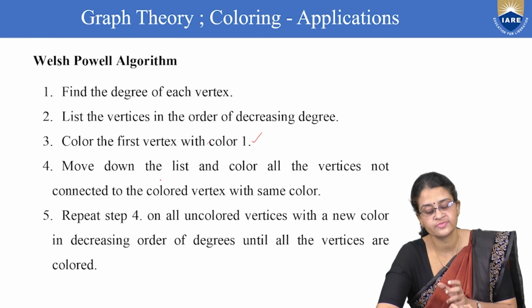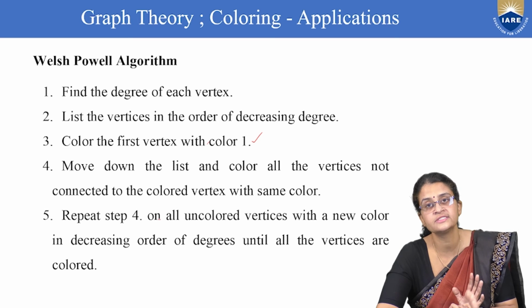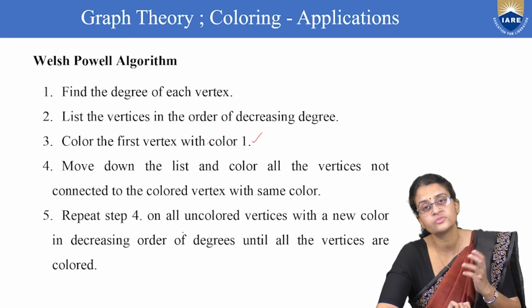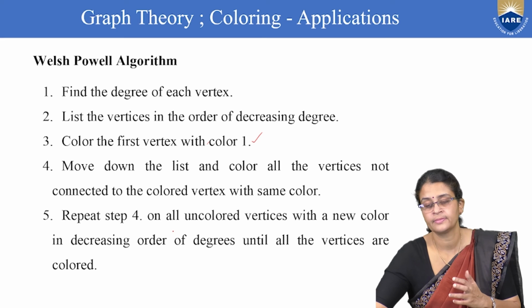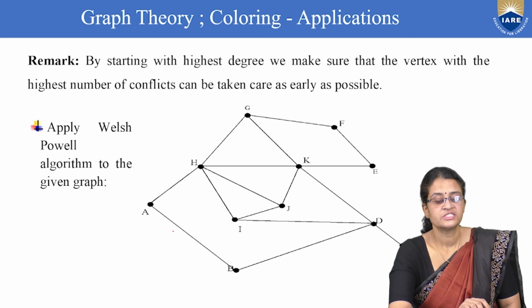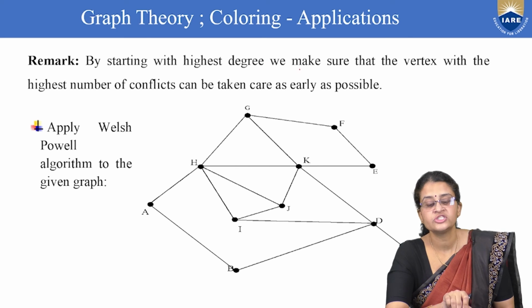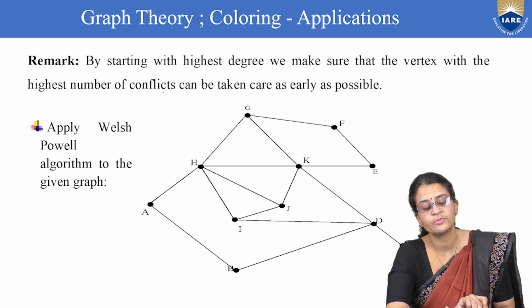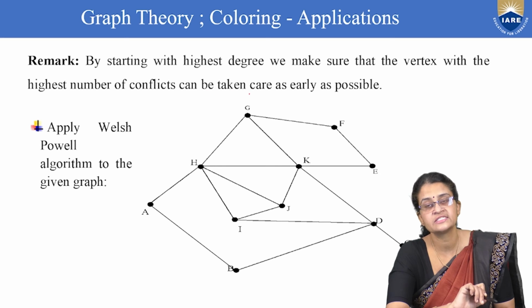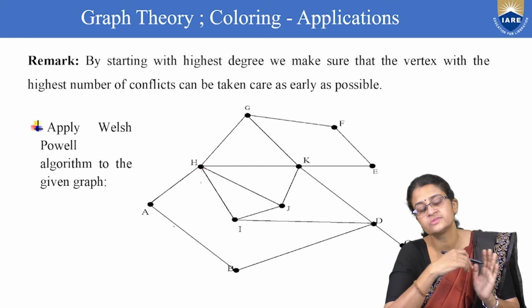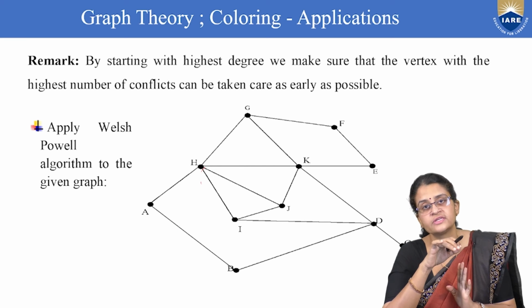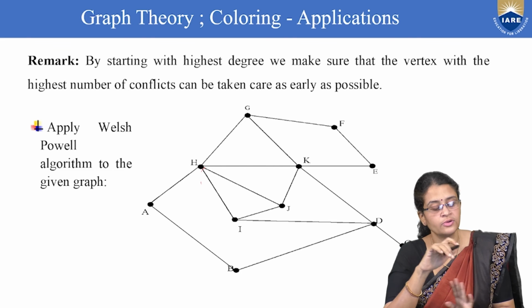Then moving down the list, we color the vertices that are not connected to the colored vertex, and repeat this step. By starting with the vertex with the highest degree, we make sure that the vertex with the highest number of conflicts is taken care of as early as possible, because the vertex with the highest degree is adjacent to most of the vertices.